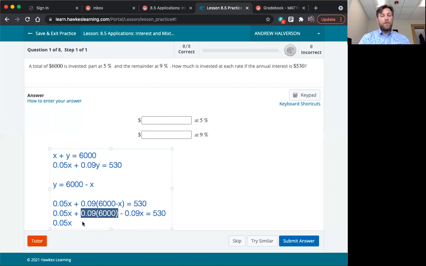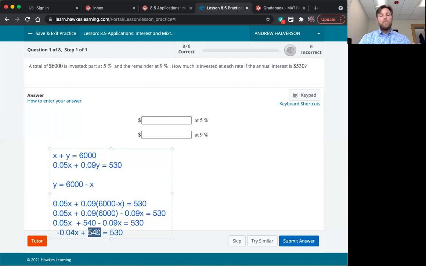This becomes 540. Now we have to combine the like terms, 0.05x minus 0.09x. So that gives us negative 0.04x plus 540 equals 530.